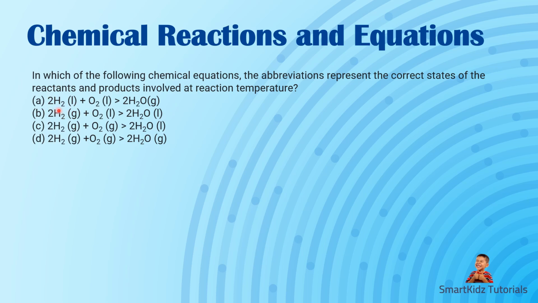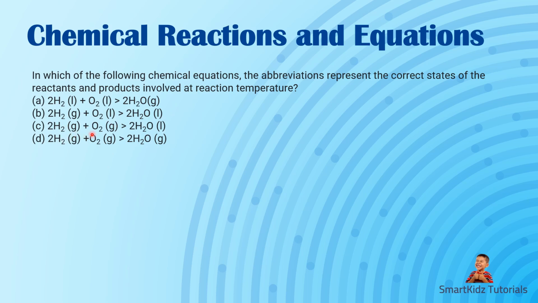We should know that hydrogen and oxygen are present individually in gaseous form. When they combine together they form a liquid, that's water, H2O. So we can rule the first one out because it says hydrogen and oxygen both are in liquid form. Second one also we'll have to rule out because it says oxygen is in liquid form.